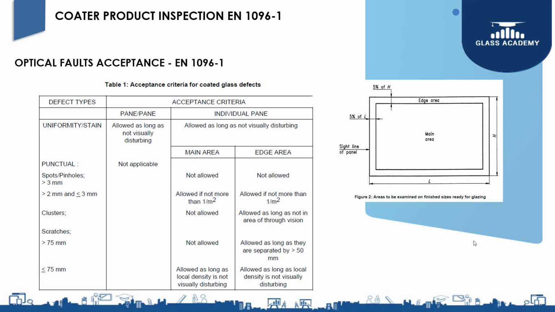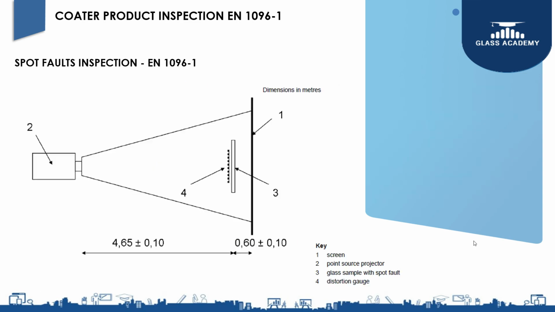For spot faults, if you have a defect of 3 mm in the main area, it is not allowed, and in the edge area it is also not allowed. If the size is more than 3, one per square meter is limited. These are the basic limitations set by the EN 1096 standard.